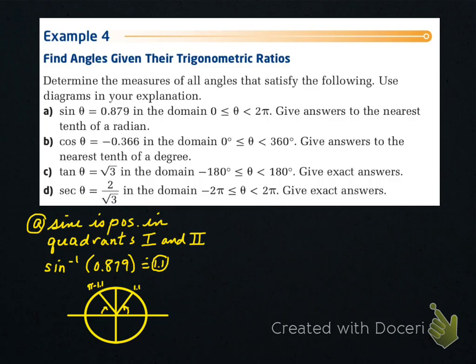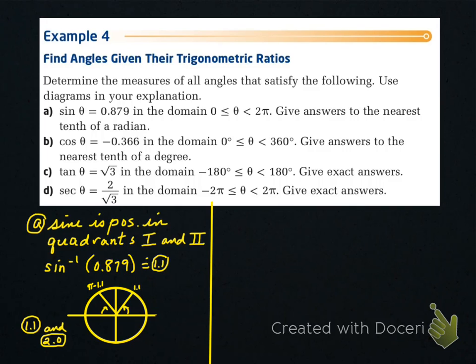If I draw 1.1 radians and we draw reference angles of 1.1, those are them there. You're going to have 1.1 is one of our answers, and pi minus 1.1 is going to be the other answer, which is 2.0 rounded to the nearest tenth.